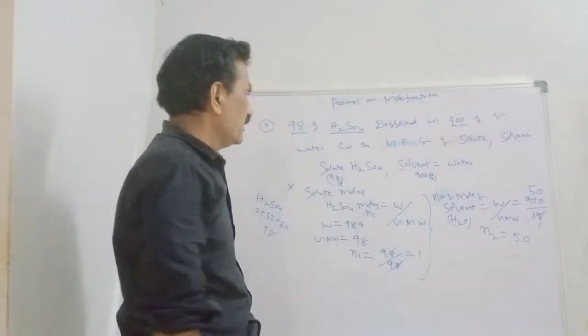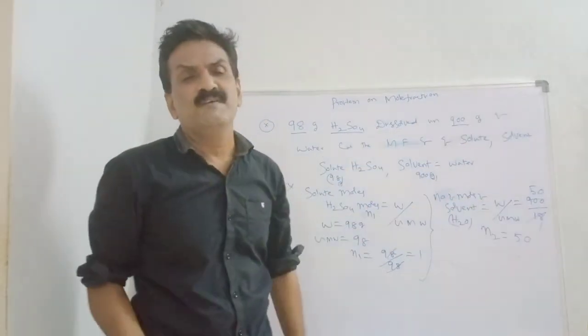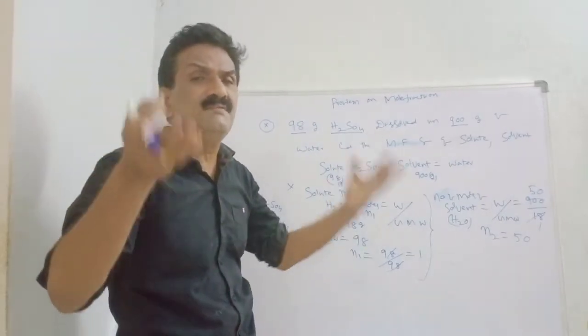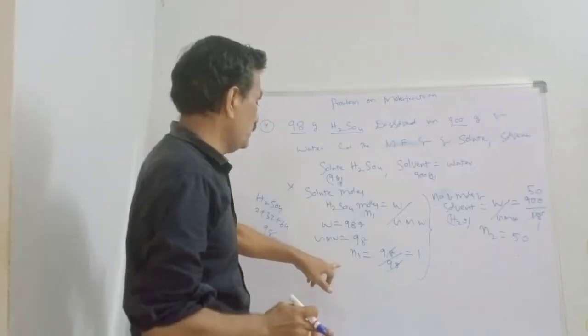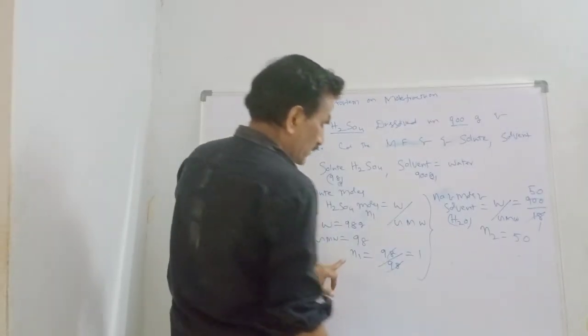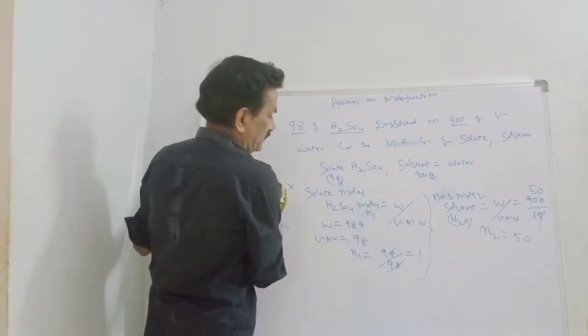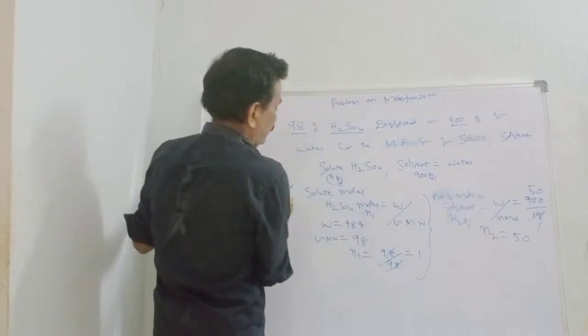Now what he has asked: solute mole fraction, solvent mole fraction. If you know the number of moles of the solute and solvent, it is very easy to calculate mole fraction. Please note it. N1 is 1, N2 is 50.